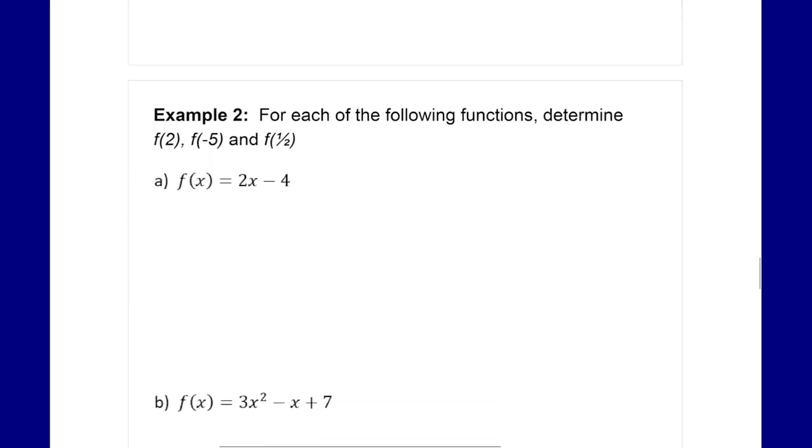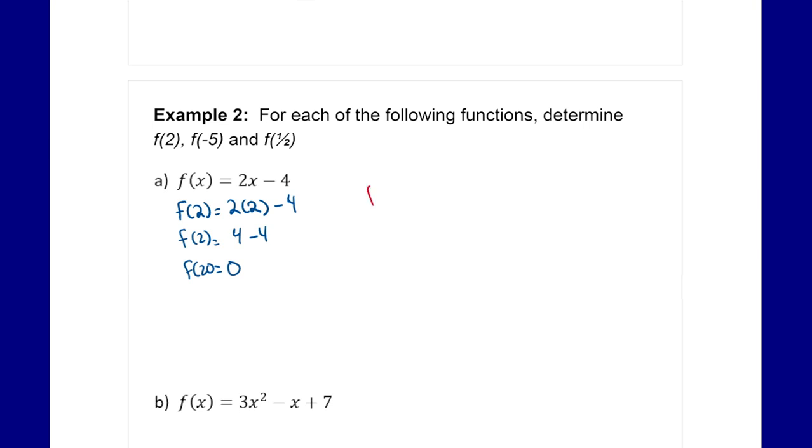So let's go through some practice with using the function notation. For the following functions, we're going to determine f at 2, f at negative 5, and f at a half. All we're going to do is plug in different values for x and calculate. So f at 2 is going to equal 2 times 2 minus 4. We get 4 minus 4, or 0. So f at 2 is equal to 0.